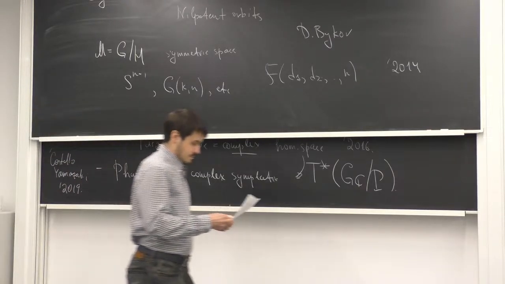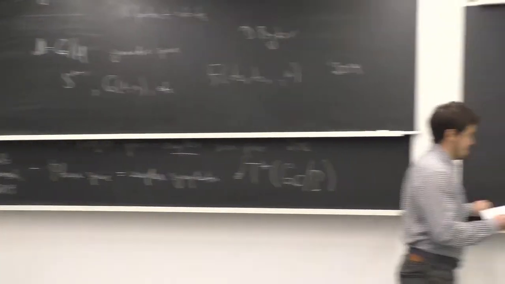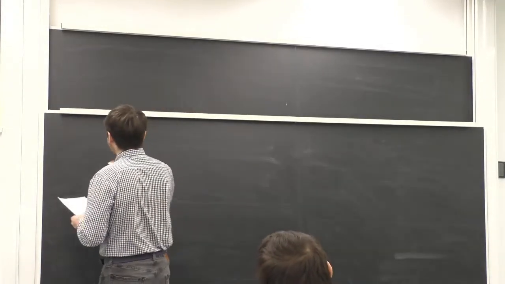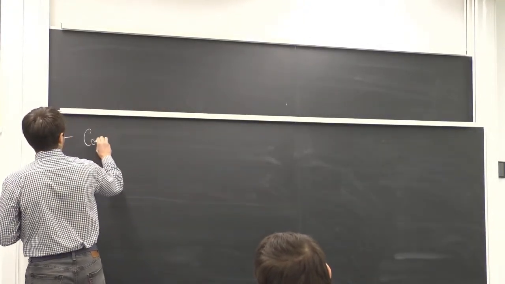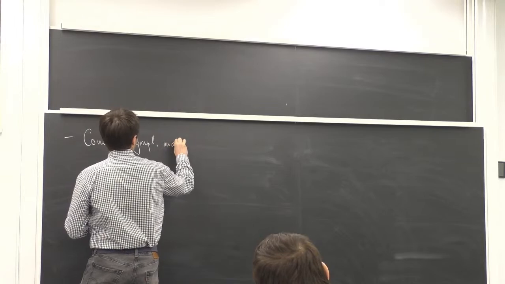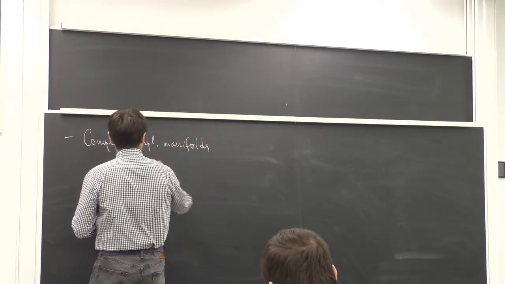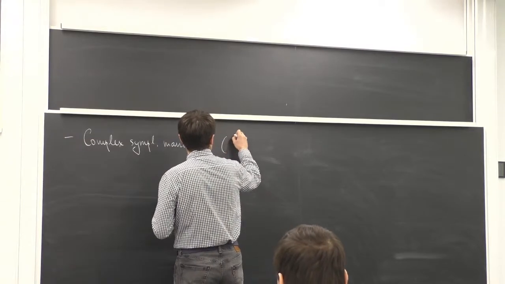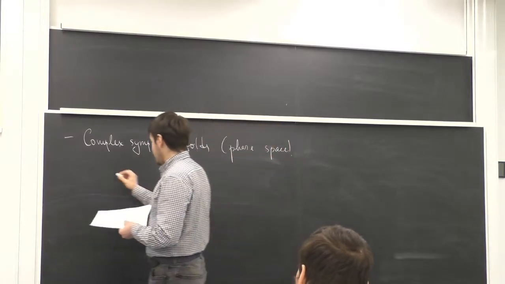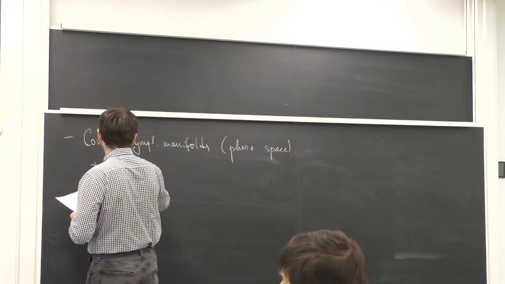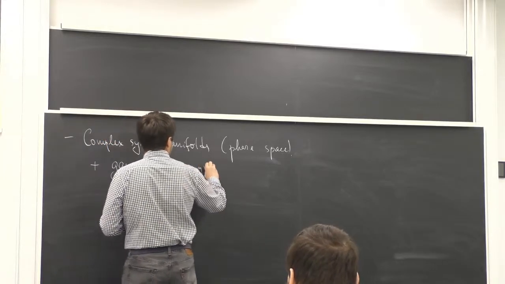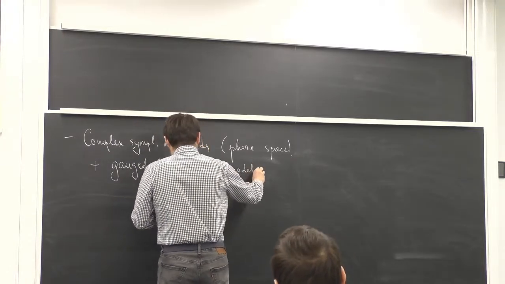And then this idea of complex symplectic manifolds plus phase space plus what is called GLSM, the gauge linear sigma model.